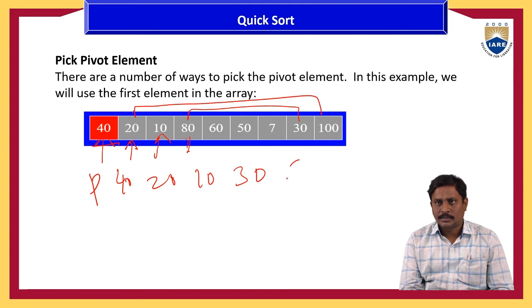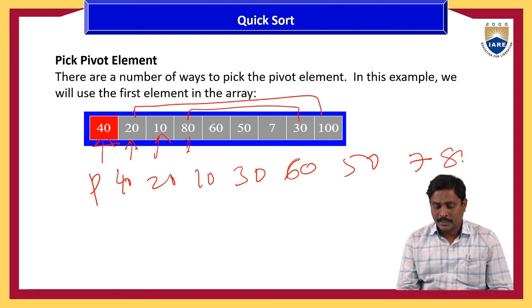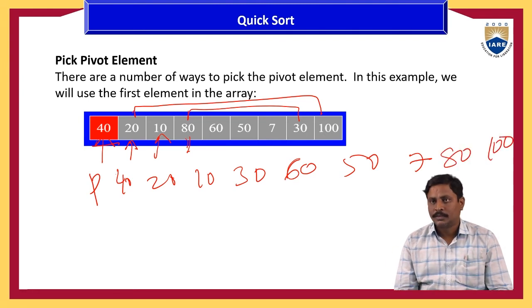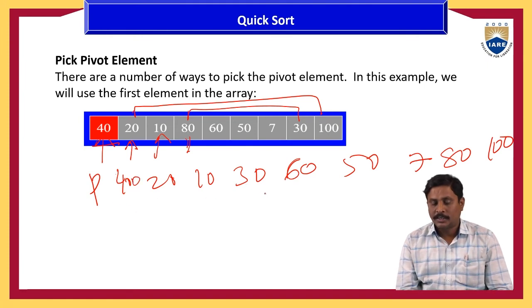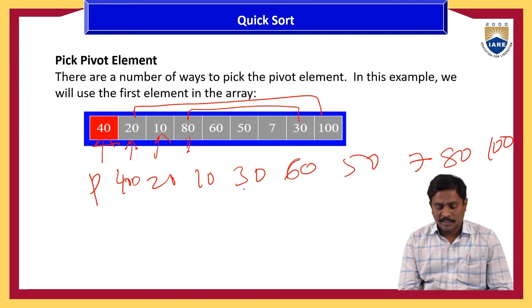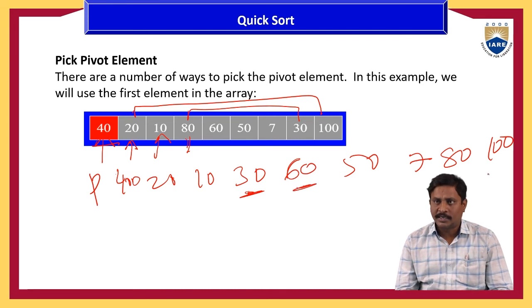So 30, 60, 50, 7, 80, 100. Next, 40, 20, 30, 10, 30, 60, 50. So now 30 is replaced. Next one is 60. 60 less than 100?